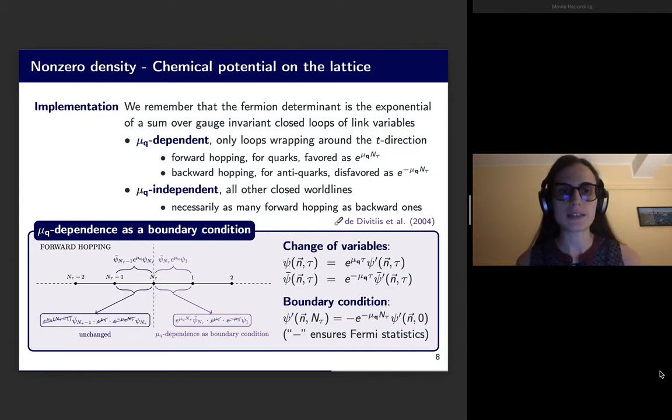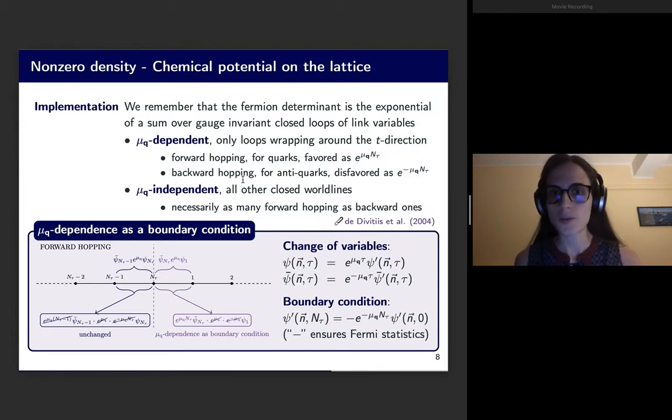And one can easily understand that only those loops that are wrapping around the t direction are actually mu dependent, because in that case, forward hopping for quarks that propagate along a loop that wraps around the t direction is favored by this exponential factor, and backward hopping, which is the world line of the anti-quark, analogous to what we just said about quarks, gets disfavored by the corresponding exponential factor with a minus sign.